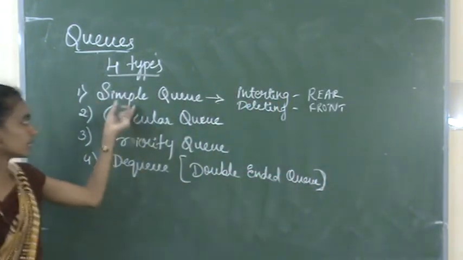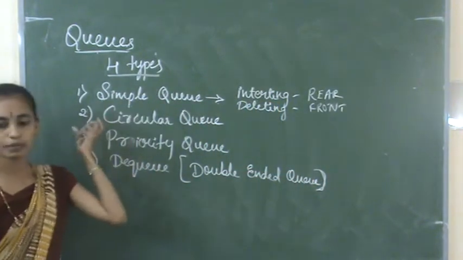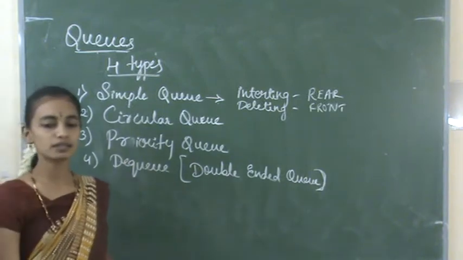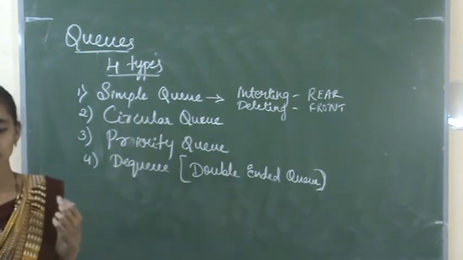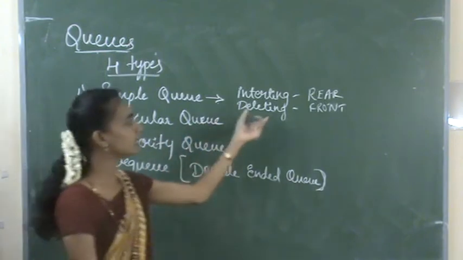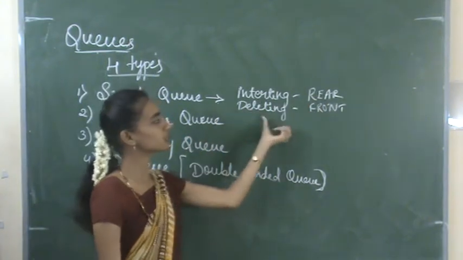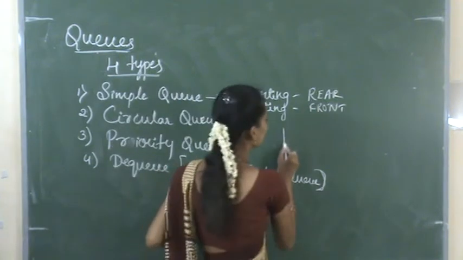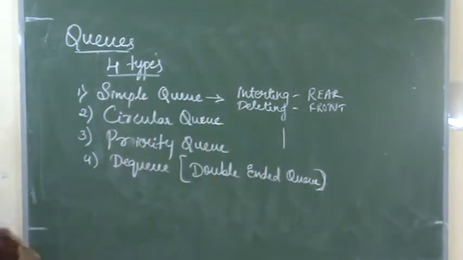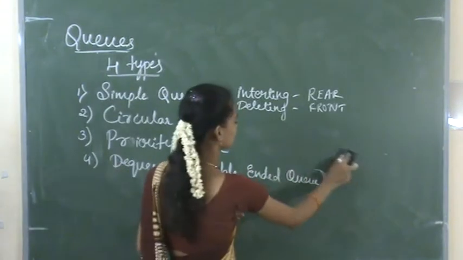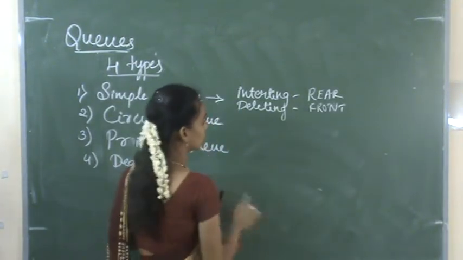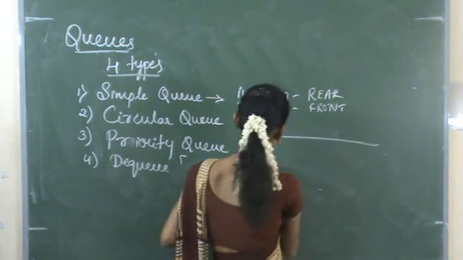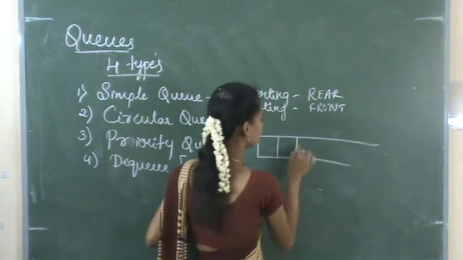So in a simple queue, insertion occurs at the rear end and deletion occurs at the front end. So we call it a simple queue. Suppose consider this as a queue.